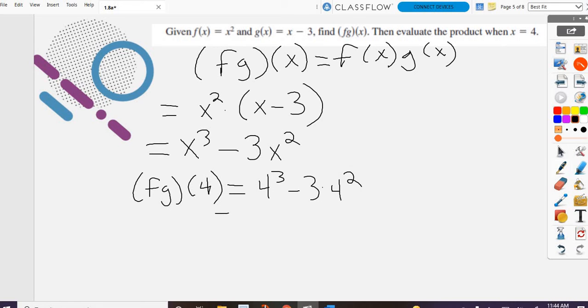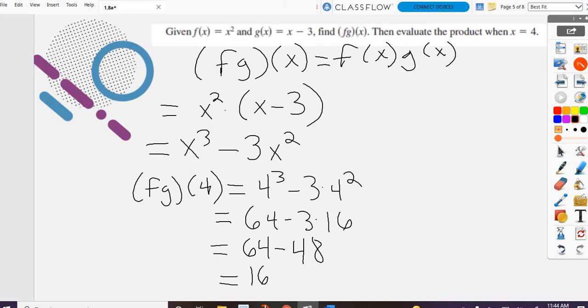So 4 cubed gives us 64, minus 3 times 16. What is 3 times 16? 48. And then 64 minus 48 gives us 16. So that will be our answer.